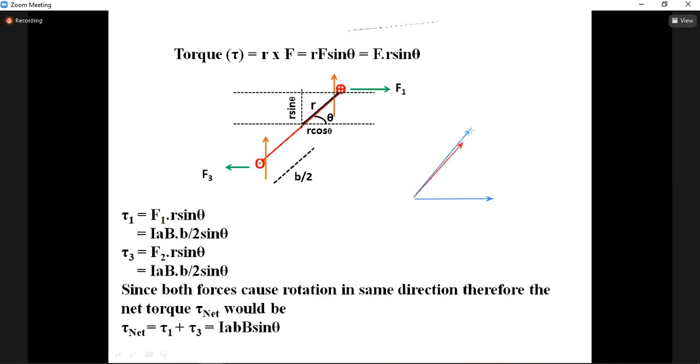I will take the fingers of my right hand in this direction and, through the smallest angle, move them toward the second vector. It gives me the rotation, while the thumb gives me the direction of the third vector, if I take A cross B is equal to C. So right now, in order to find the rotation, I will take the fingers in the direction of the first vector and curl through the smallest angle toward the second vector.